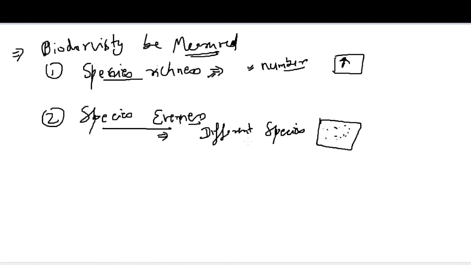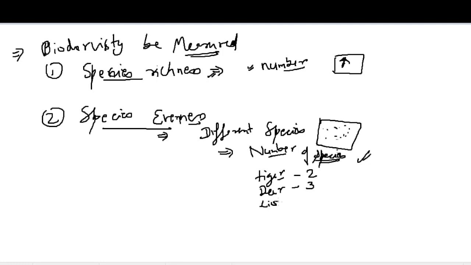Species evenness looks at the number of animals of different species, like tiger. If tiger number is 2, deer number is 3, and lion is 4, just consider it as an example, then this is like even, a particular amount of evenness is there.